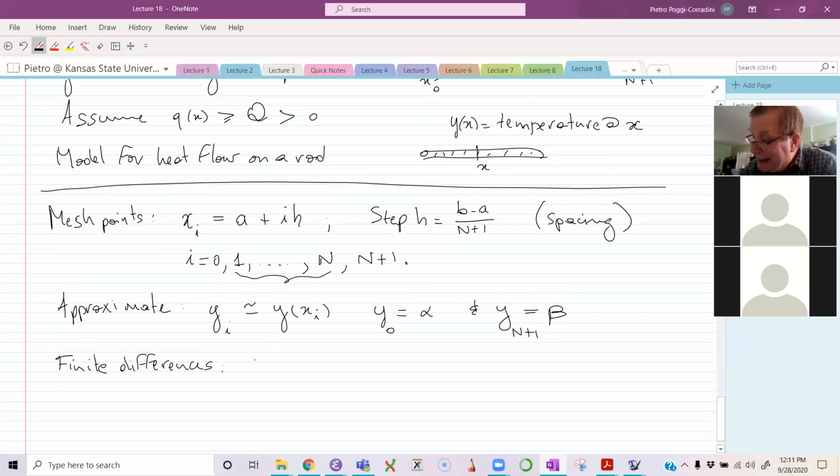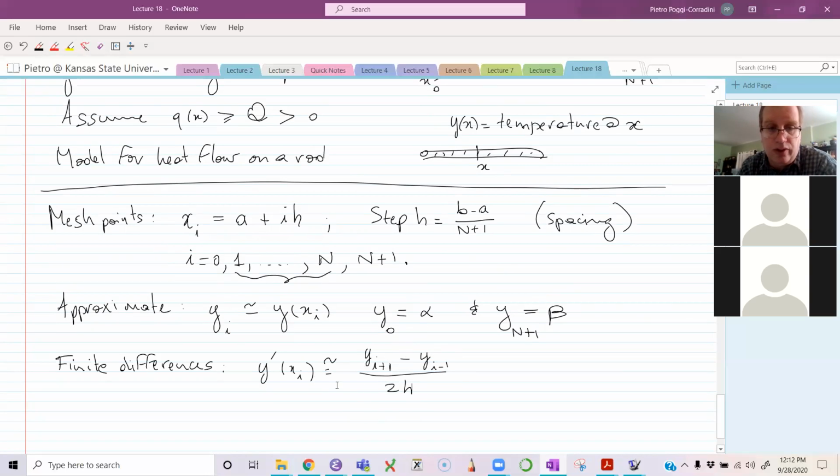Okay, so I'm going to approximate the derivative at x i by taking the approximation to the value of the function at x i plus 1, minus the approximation to the value of the function at x i minus 1, and then divide by twice the step.